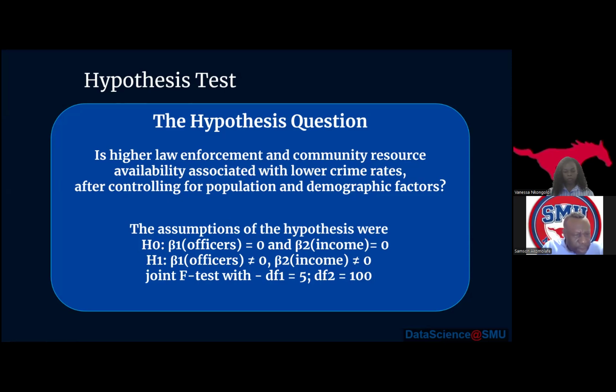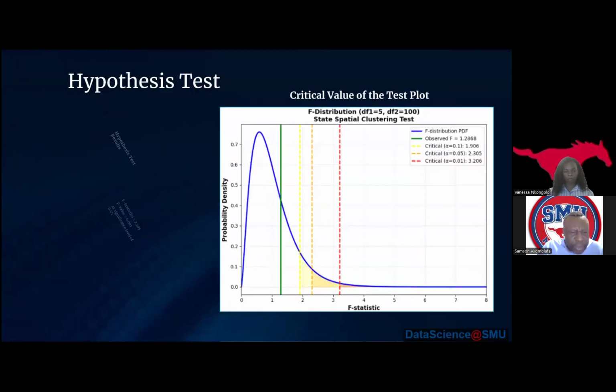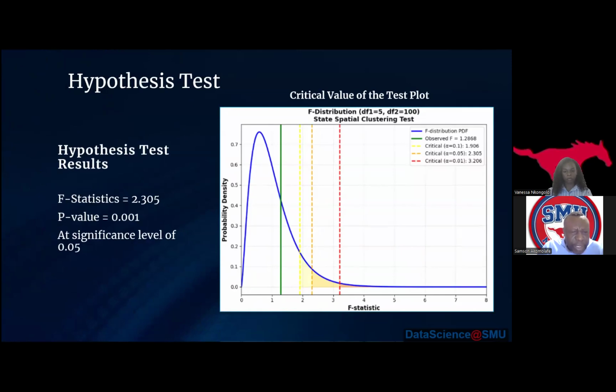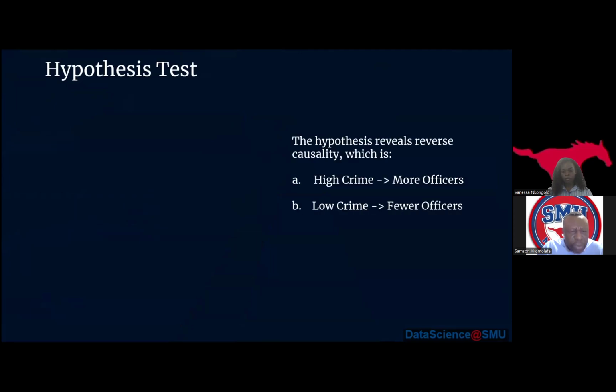But in this case, it was in the opposite direction. The results suggest reverse causality. High crime leads to more officers, not the other way around. Not more officers, less crime. This aligns with real-world policy behavior, where resources often follow crime rather than preventing it.